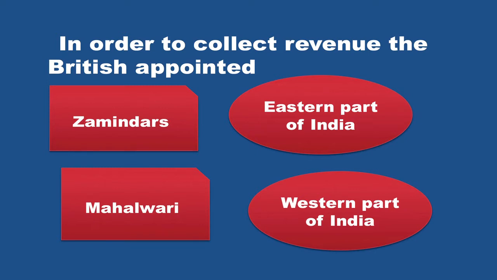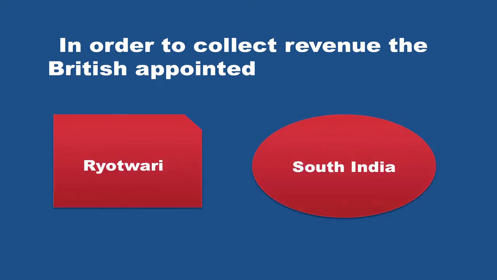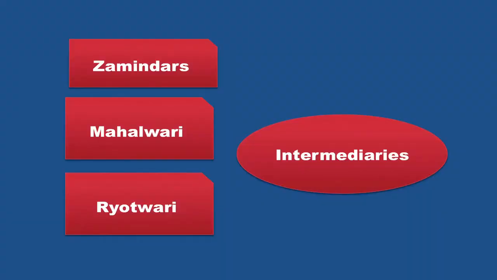In the western part of India, the intermediaries were known as mahalwars, and in the southern part of India, the intermediaries were known as rayatwars. So we can find there were three important types of land settlement in India during the British rule: zamindari system, mahalwari system and rayatwari system.